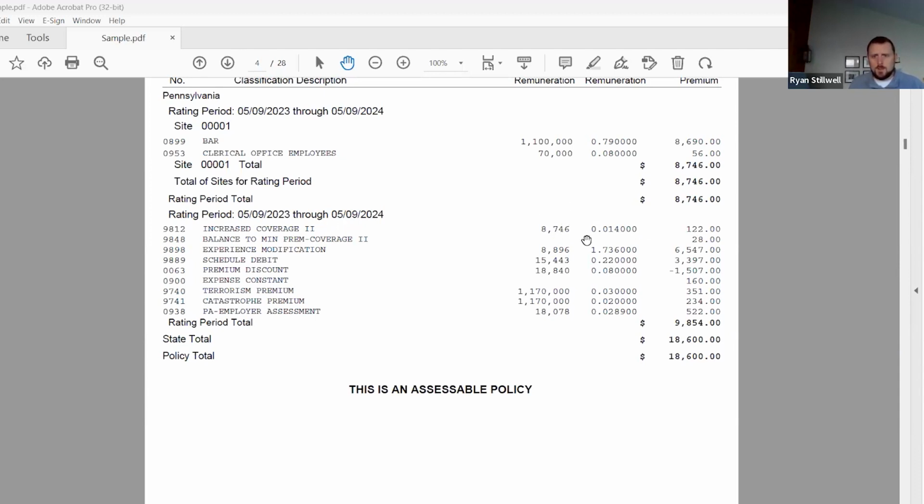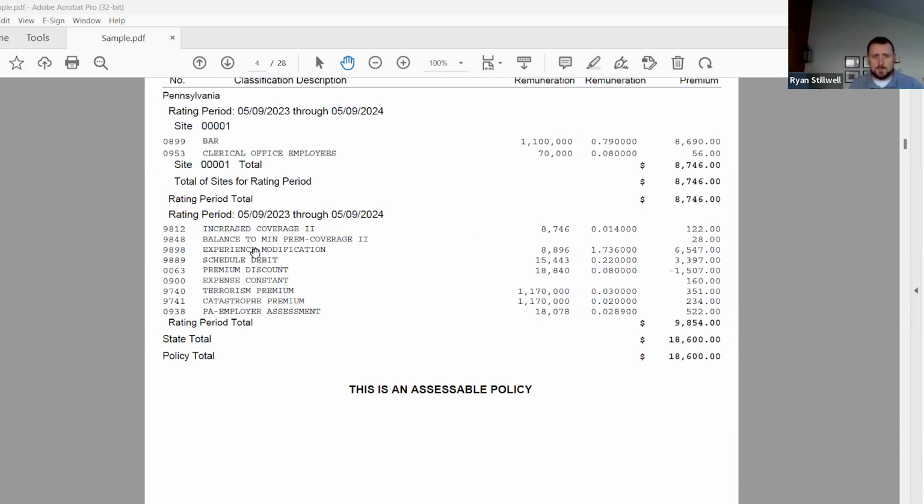Right. And you can see here, the cost for that is not very expensive, right? And it's $122. It actually doesn't even cover the minimum charge for adding that. So it's $150 per year. And you can see what a small percentage of your total cost is for adding and increasing your coverage. So it's almost a no-brainer to do so. So that's the charge for that.